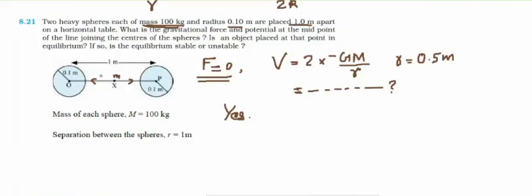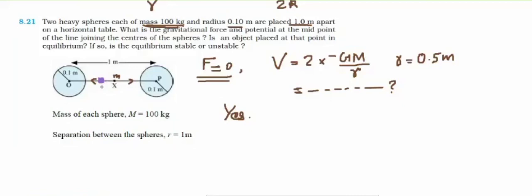Now let's analyze what happens here. Suppose you move this object M close to the sphere in the left hand side. Suppose the object is now placed at this point, object M. What will happen? The attraction between left sphere and the object will increase, while the attraction between right sphere and the object will decrease.